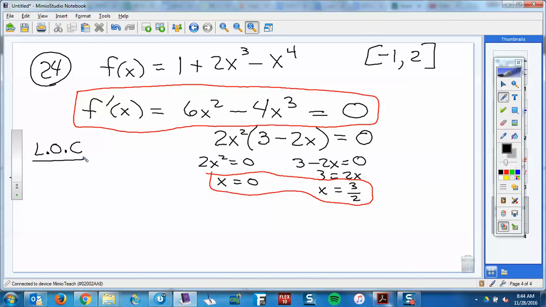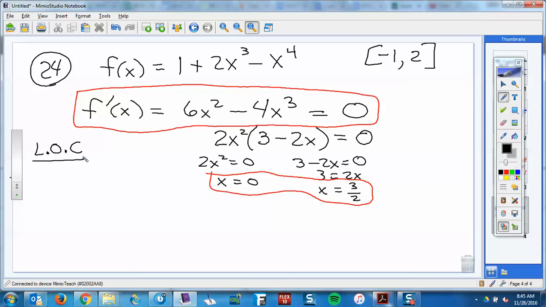The problem will always say, well, it may not always say, you are always required to justify why you have your answer as the global max or min. The list of candidates, and this works on the AP test, is a fine justification. This shows that you're checking all the possibilities of where they could be.